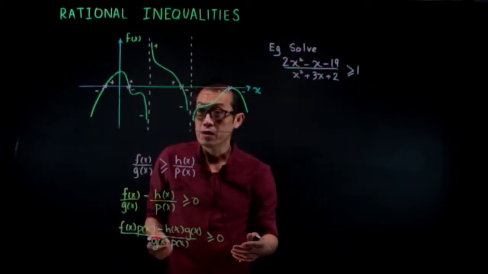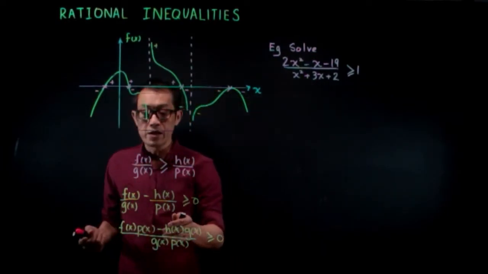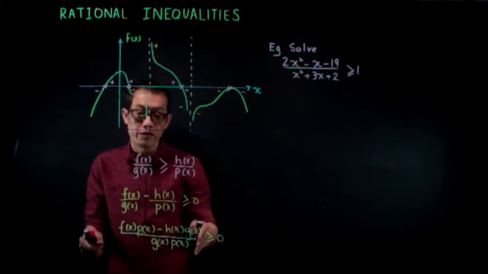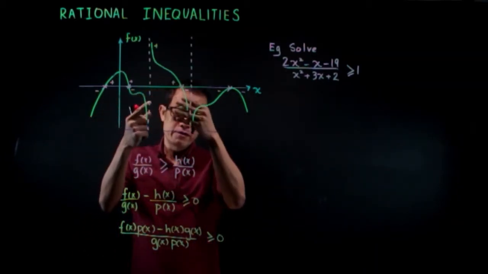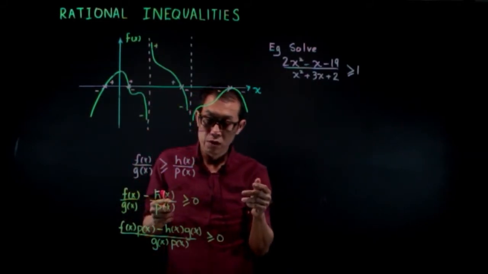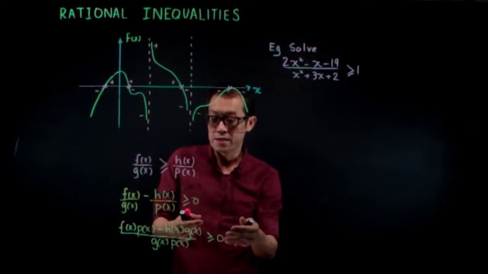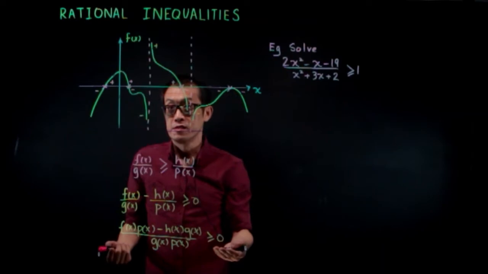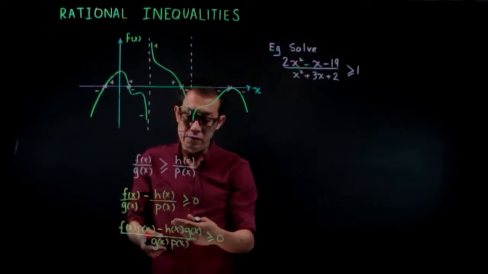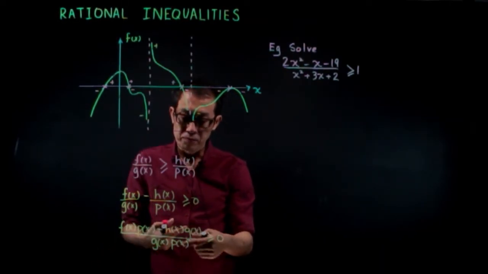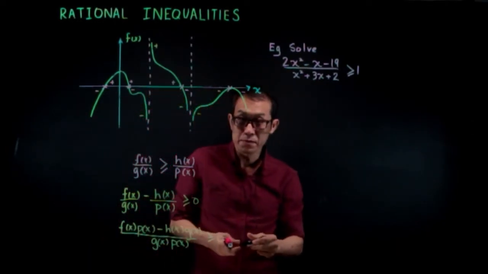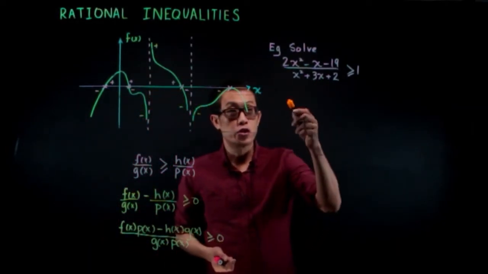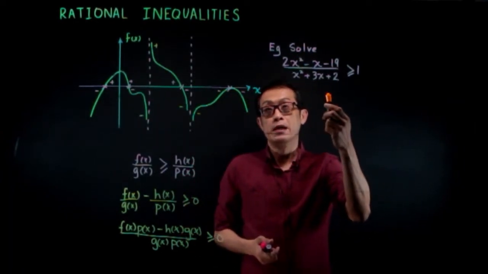After that, you substitute suitable values of x around its roots and around its asymptote to test the sign of the function. Then from there you can solve this inequality. This is best explained if I show you through an example.